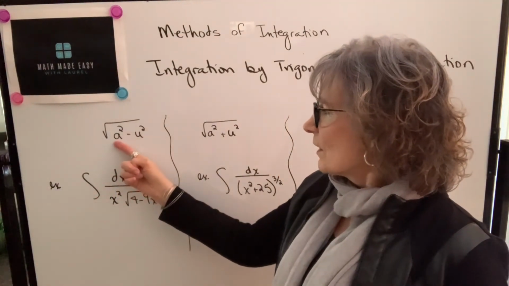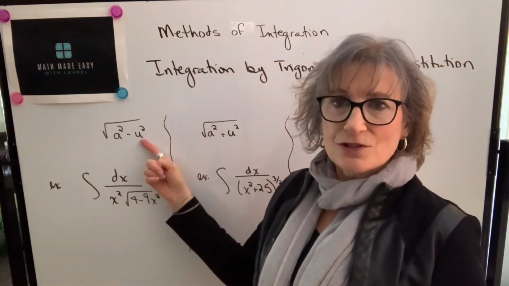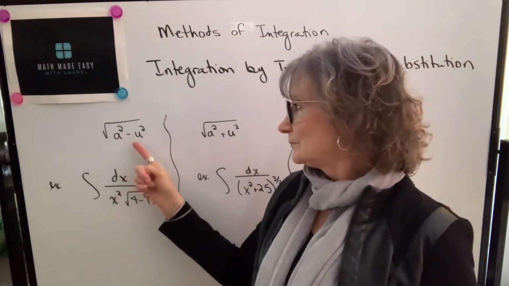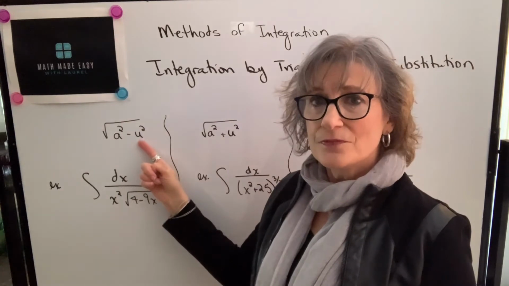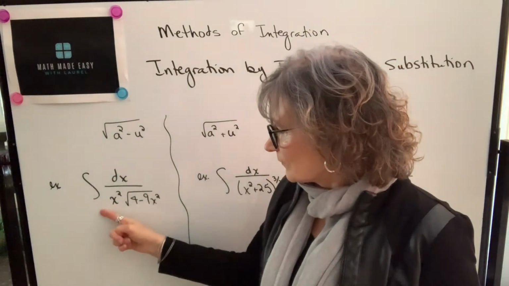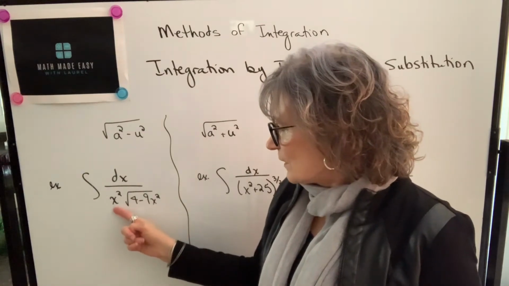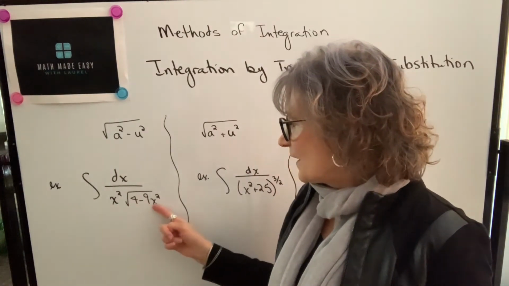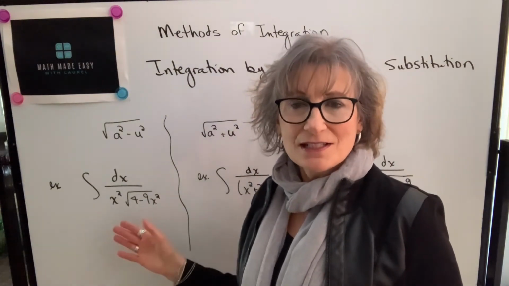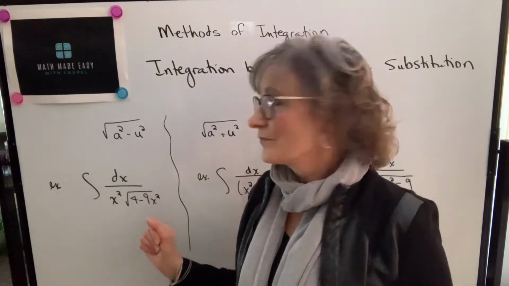The forms are square root of a squared minus u squared, where a is a constant, u is a function. So an example of this form would be this integral, where we have an x squared as well as square root of 4 minus 9x squared in the denominator. We don't have a pattern that will allow us to integrate this function.